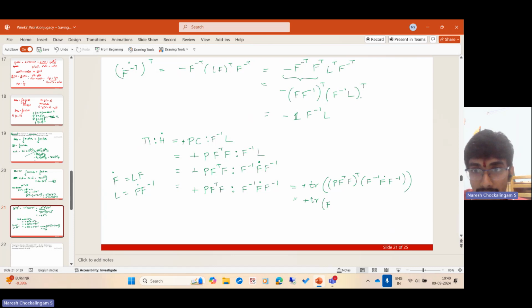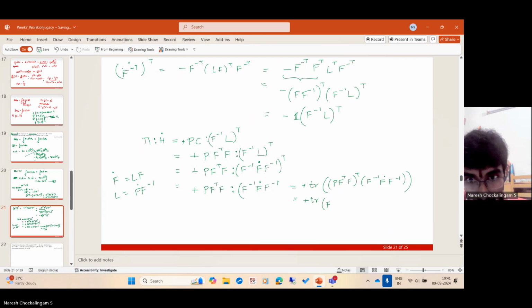This becomes an I and this becomes... so this is the problem. So this is F inverse L transpose. That's the issue. Right. So here we have an F inverse L transpose. So this becomes transpose.